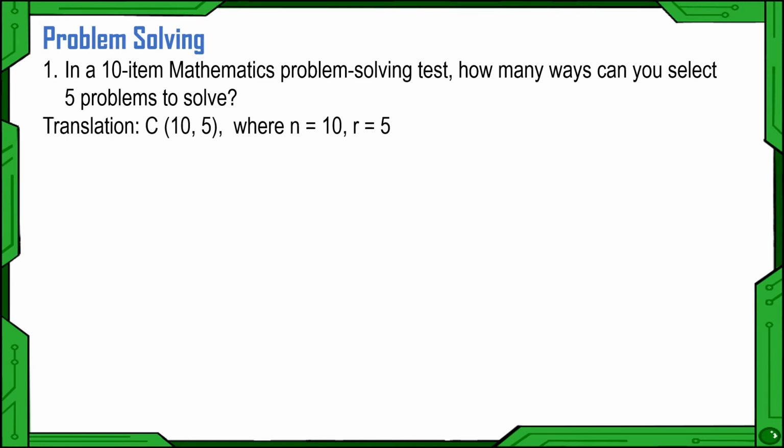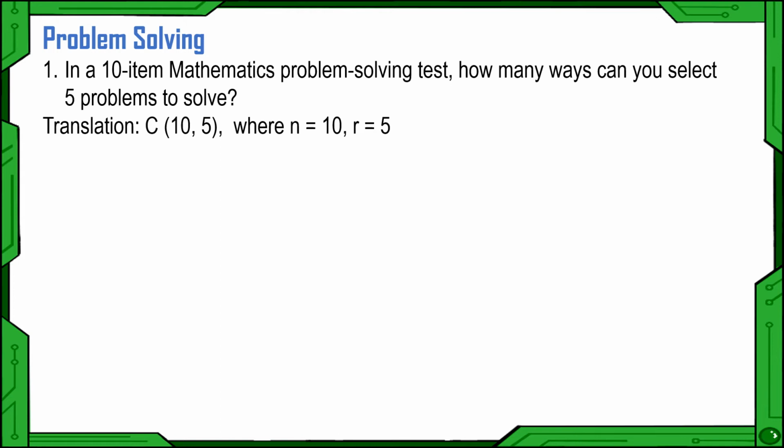So our given here, we have combination of 10 and 5, where n is equal to 10 and r is equal to 5. Always remember that n is always greater than the value of r. So it is combination.